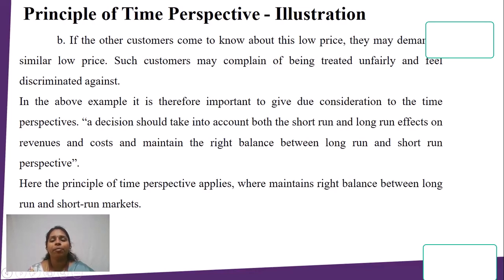Any change in price may cause dissatisfaction among customers. So in the long run, the managerial economist may lose customers. Hence, it is the duty of the managerial economist to justify both outcomes, in the short run and the long run, and take an appropriate decision.